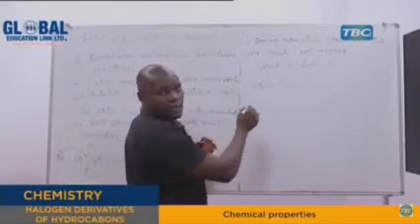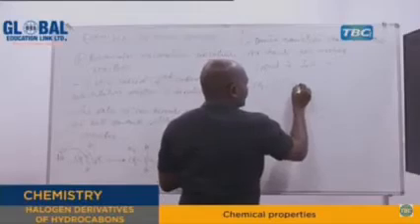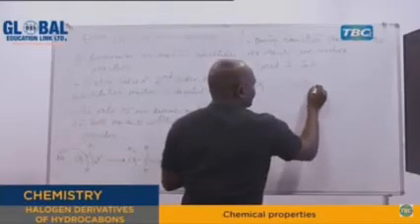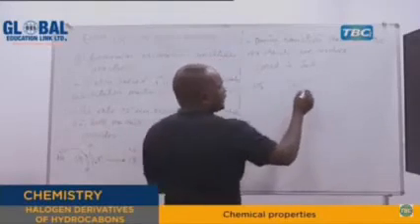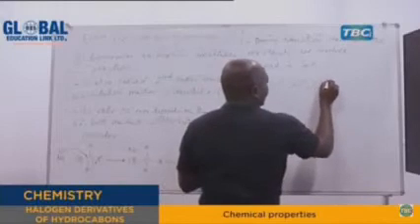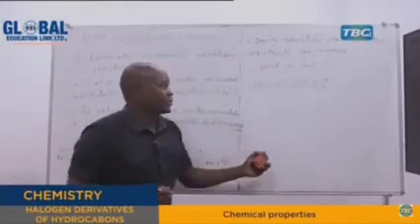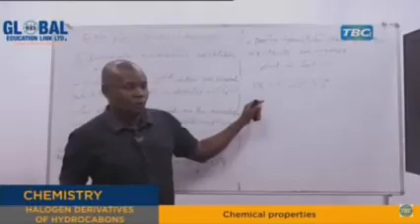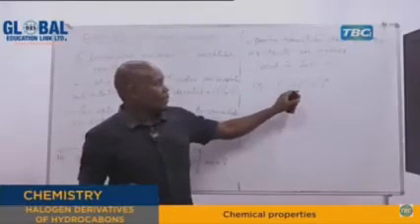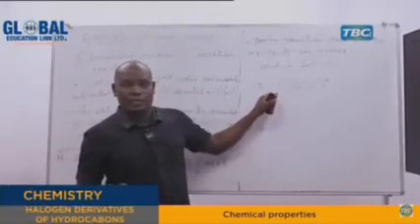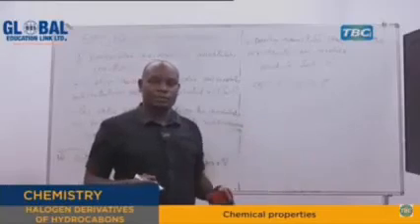The primary alkyl halides are more reactive than the secondary alkyl halides, and the secondary alkyl halides are more reactive than the tertiary alkyl halides. So that is the order of reactivity in the second order series.